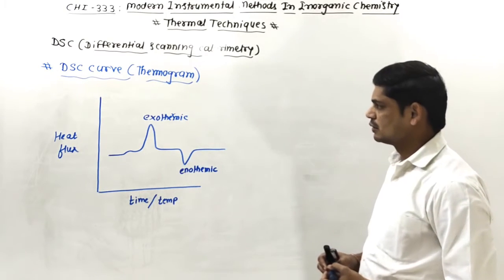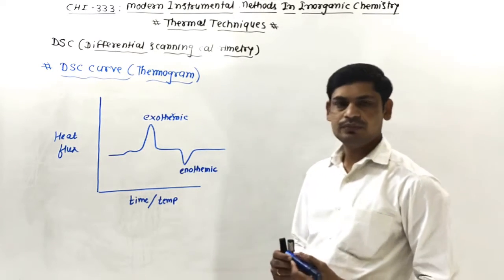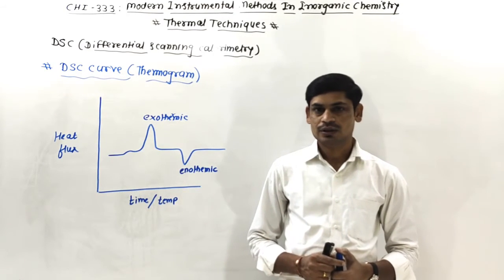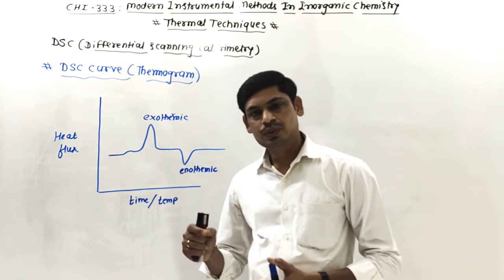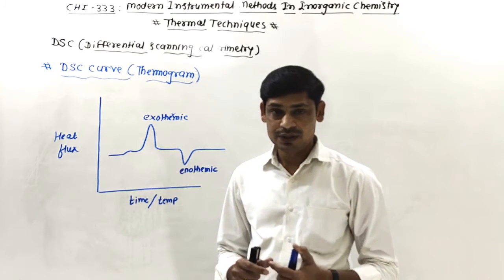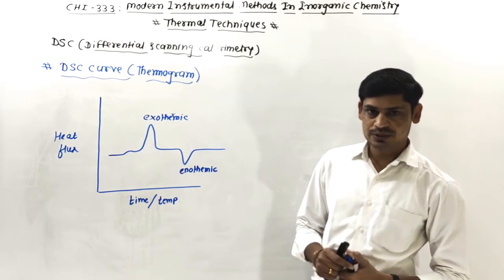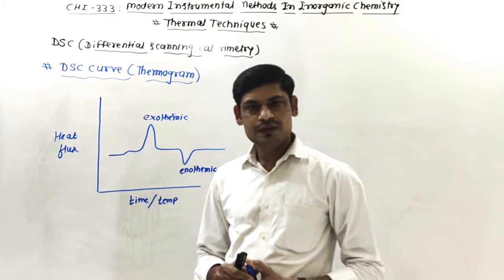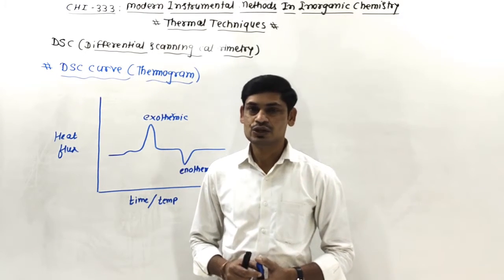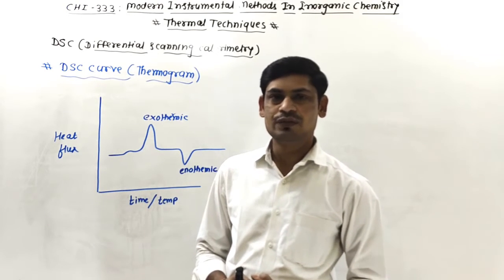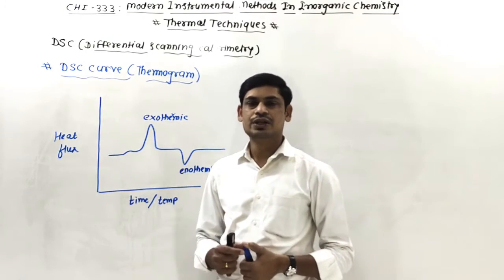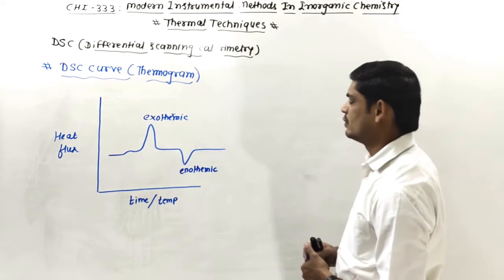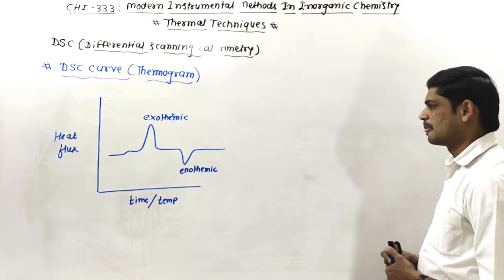It means that from the nature of a curve, we can predict the nature of a process, either physical transformation or chemical transformation, whether it is exothermic or endothermic. Means we can study the exothermicity or endothermicity of the material when we are going to heat it. So this is an important conclusion which we will get from the DSC curve.